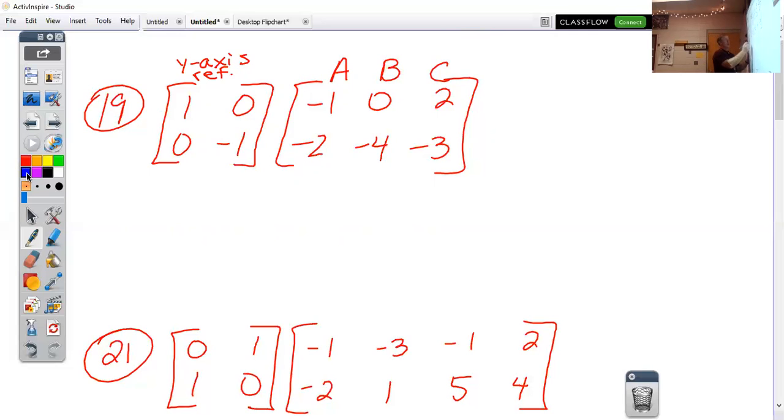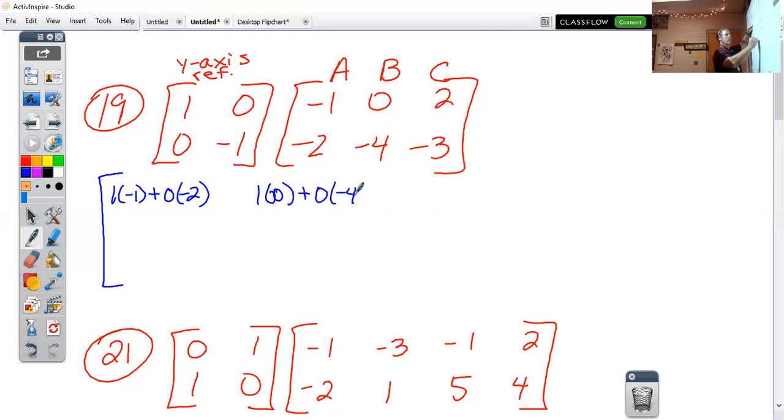Again, you don't have to write this. I'm writing it just to show you how much time you're gonna save. So we would do 1 times -1, plus 0 times -2. And then we do 1 times 0, plus 0 times -4. And then we would do 1 times 2 plus 0 times -3.